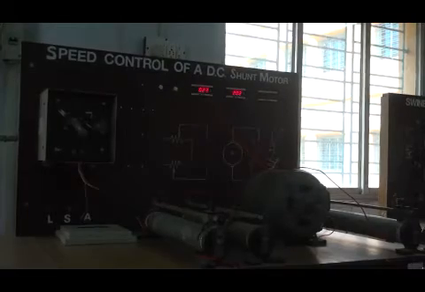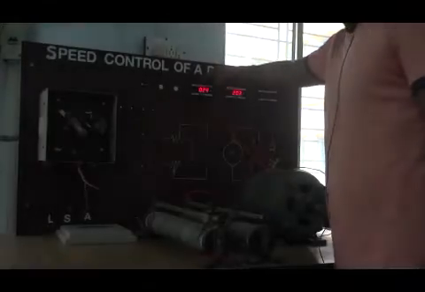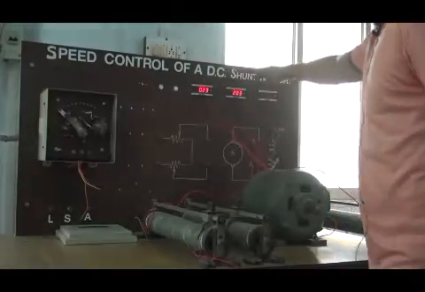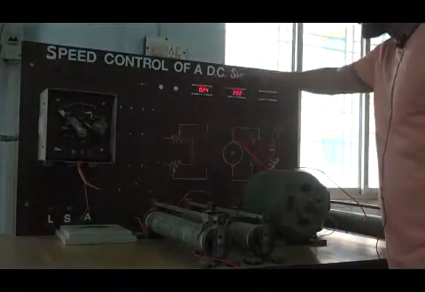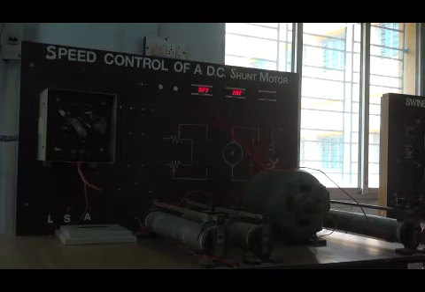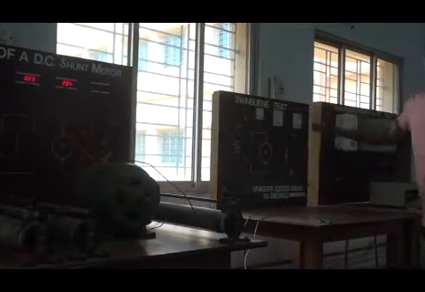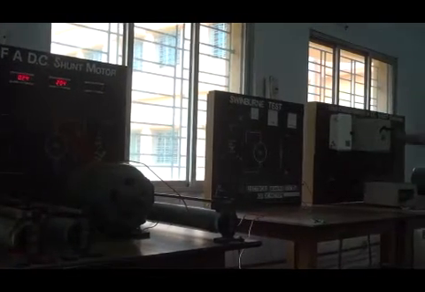This is our setup for the speed control of a DC shunt motor. This ammeter gives the reading of the field current, this voltmeter gives the armature voltage, and here we have one more ammeter which gives the total load current. The 3-point starter is here.